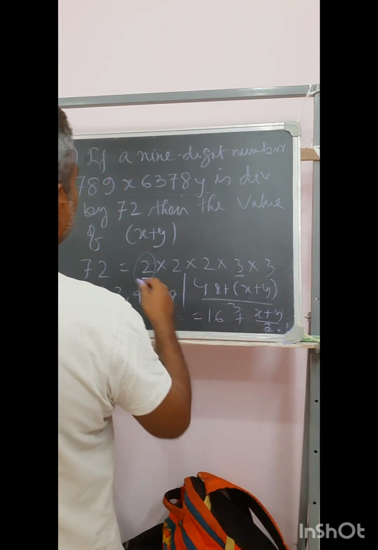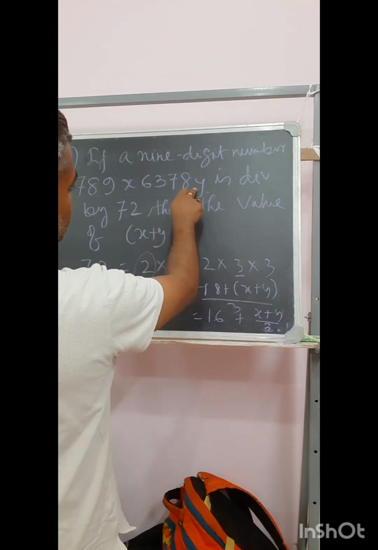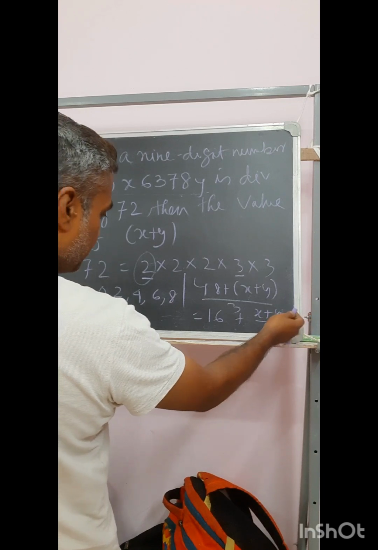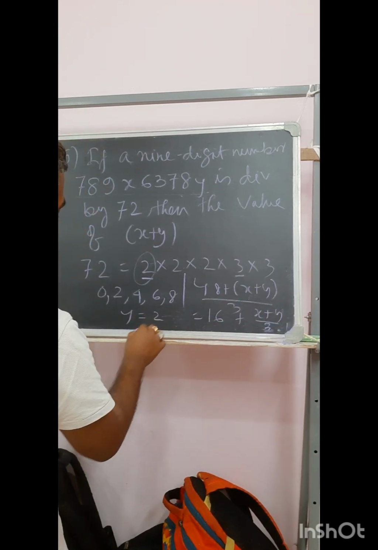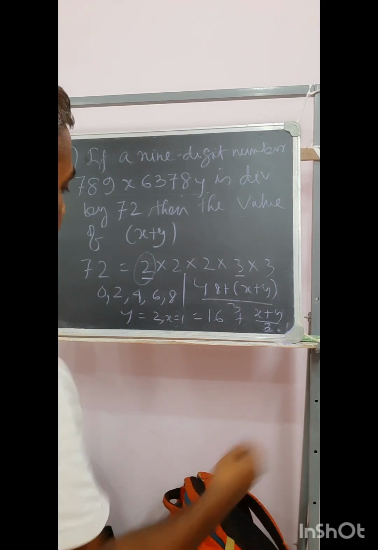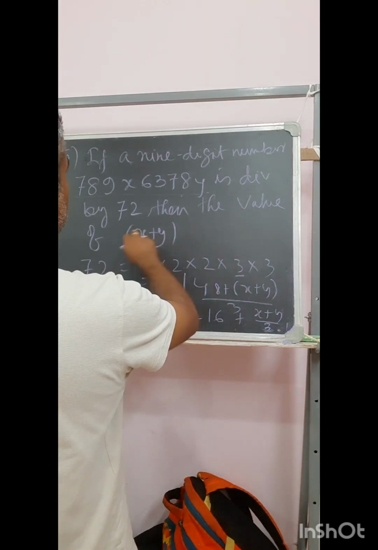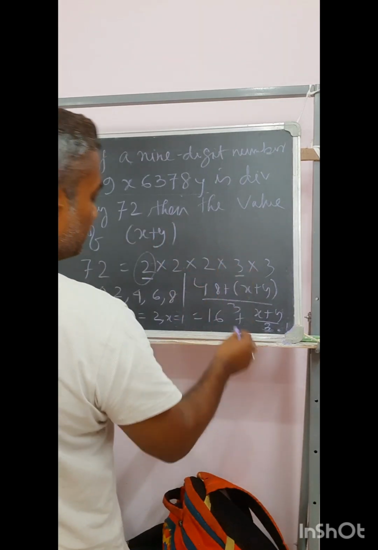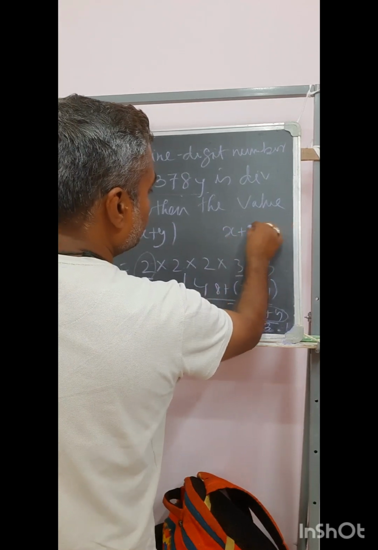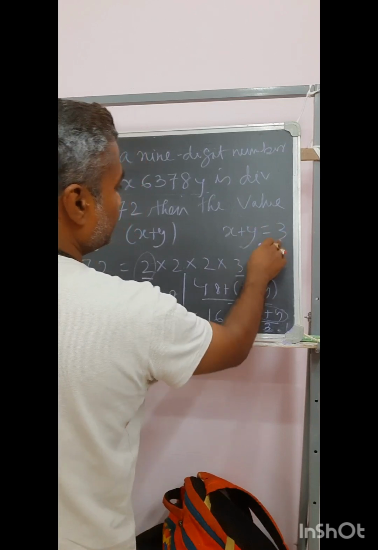If x plus y has to be some multiple of 3, then what are the values that hold good? If x plus y is equal to 3 at least, then y could be 2 and x could be 1. The minimum value of x plus y has to be 3 to be divisible by 3.